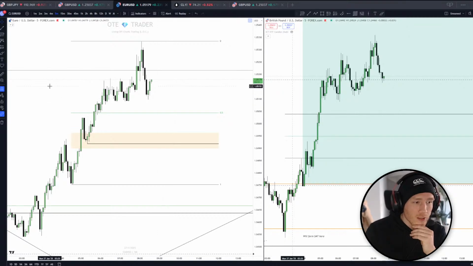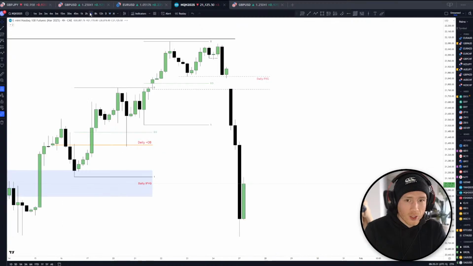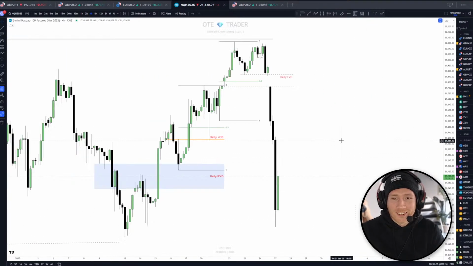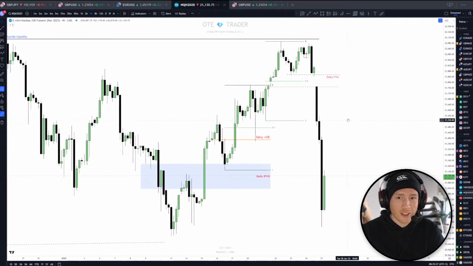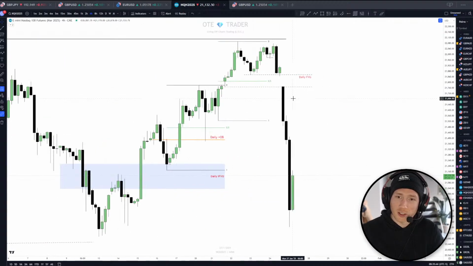What happened to Nasdaq? It took a hit, man. Look at that. I did a market outlook yesterday. I just wanted to see Friday's low get run into this daily fair value gap, and then I wanted to see us go to the equal highs. I wake up this morning, I see Nasdaq is all the way down here. I'm like, what? It just gapped below the fair value gap.